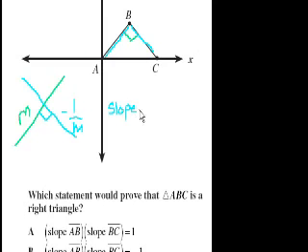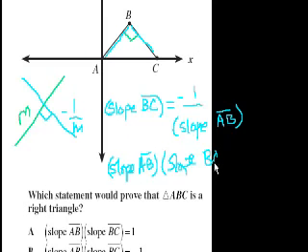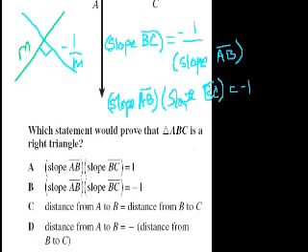Slope of segment BC should be equal to the negative inverse of the slope from A to B. See, if we multiply both sides of that times the slope AB, you get slope AB times slope BC is equal to -1. I just multiplied both sides of the equation times slope of AB. And if we go here, choice B is exactly what we wrote right there.